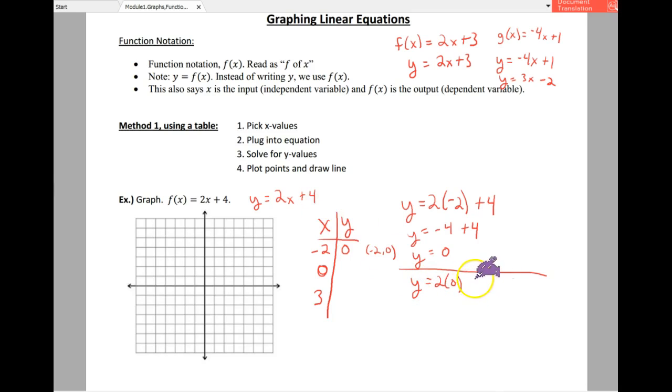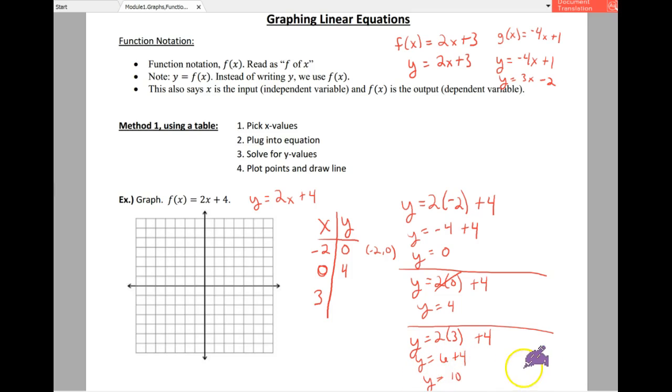So 2 times 0 plus 4. Well, 2 times 0 is 0, so y must be 4. And last I'm going to do the same thing with 3. So everywhere I see an x, I'm going to plug in 3. So 2 times 3 is 6, plus my 4 gives me 10.